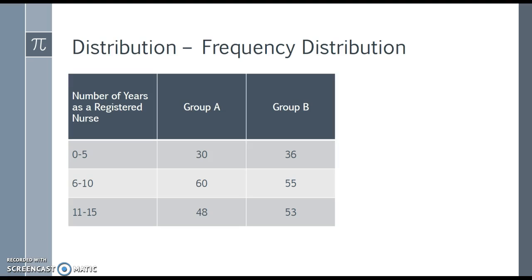There were 30 nurses in Group A that had indicated they had been a nurse for 0 to 5 years. This table is an example of the frequency distribution. Most of you with your DNP projects will be using some sort of frequency distribution or perhaps percentages when you're reporting your data.